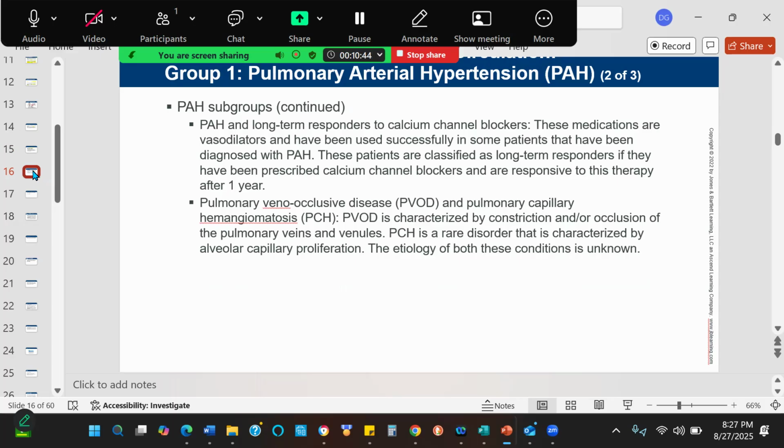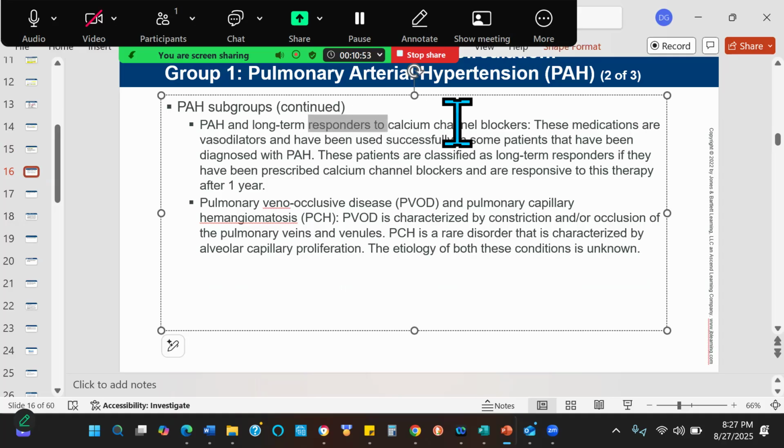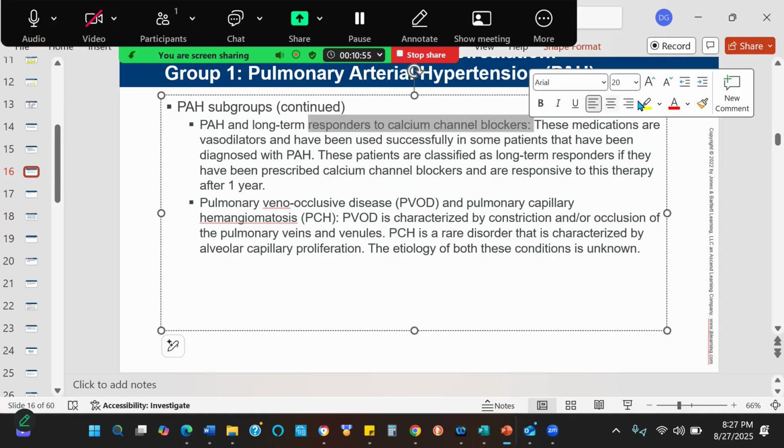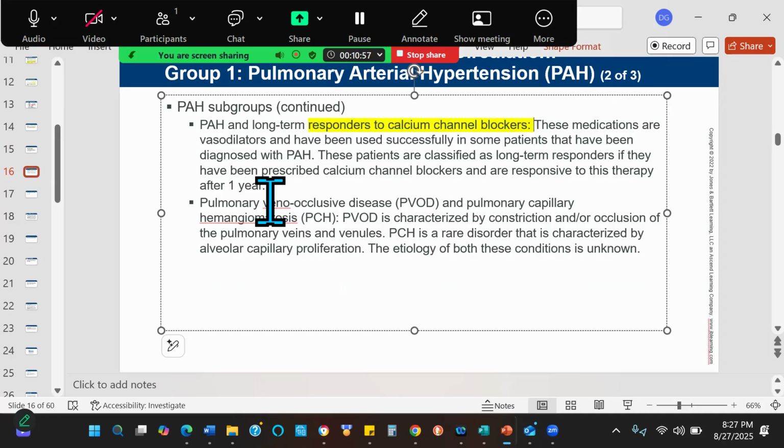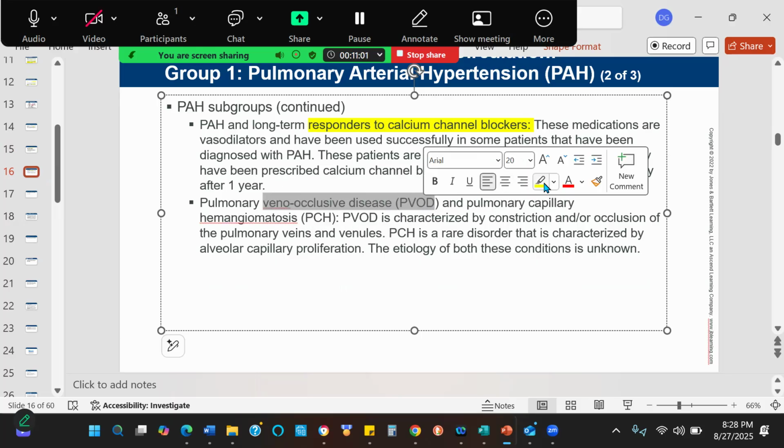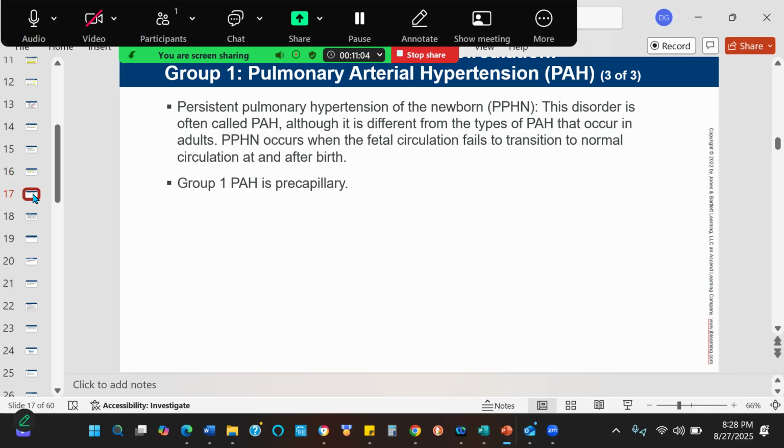And then there are some subgroups of that. Long-term responders to calcium channel blockers and veno-occlusive diseases. This is getting to a level that you really don't need as a respiratory therapist, to be honest with you. We don't see this on boards, but nonetheless, we'll just go over it and you'll have that background knowledge.